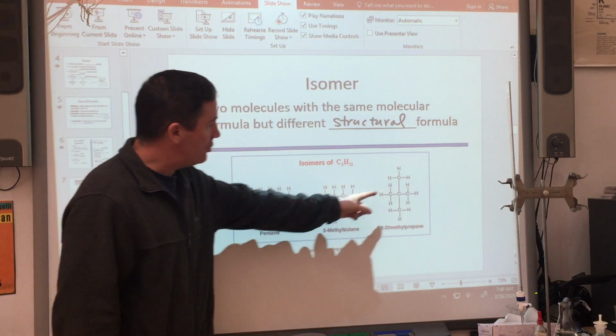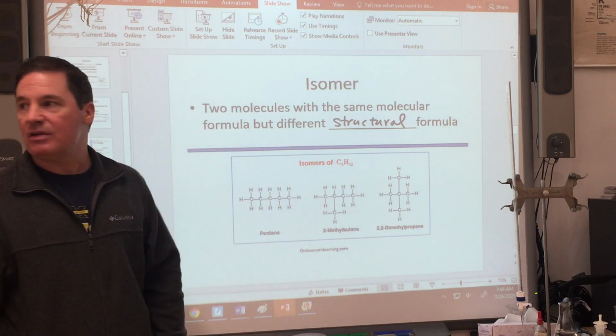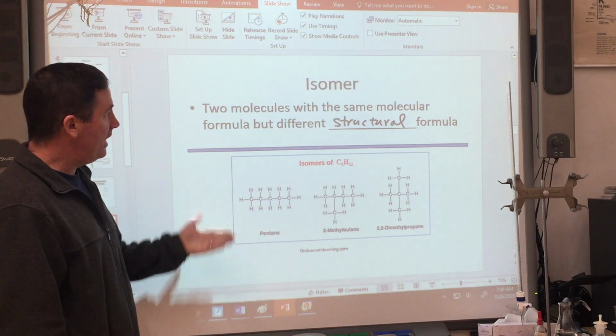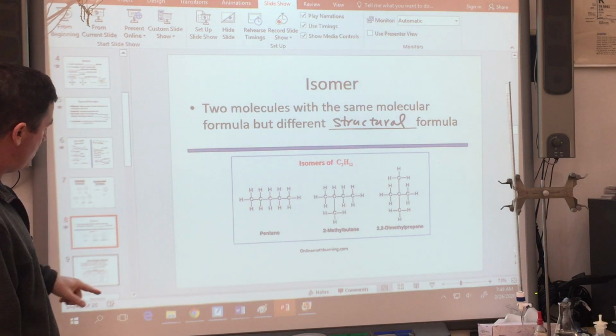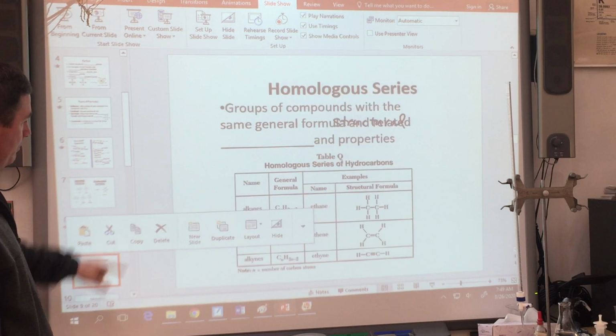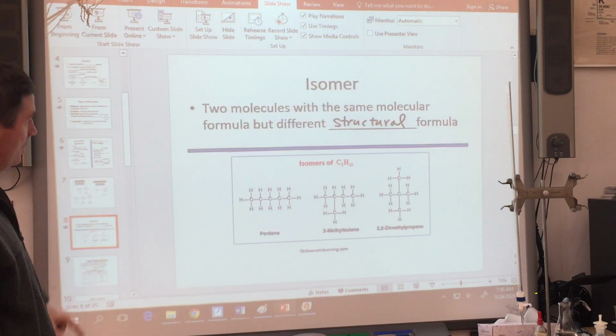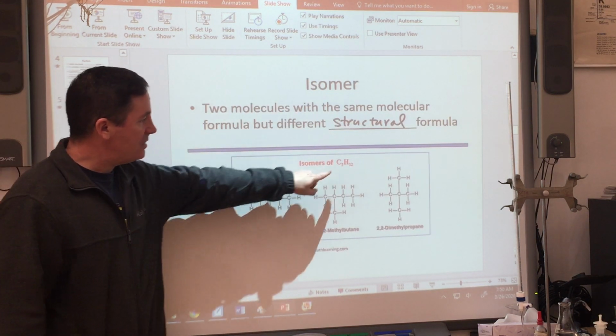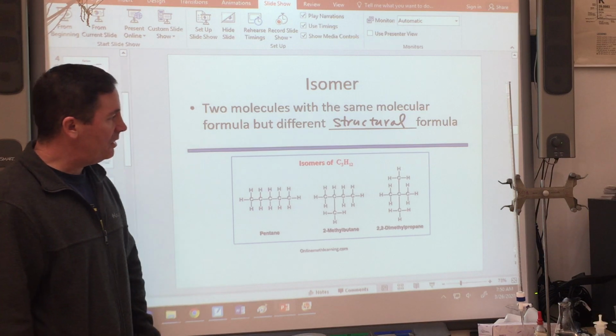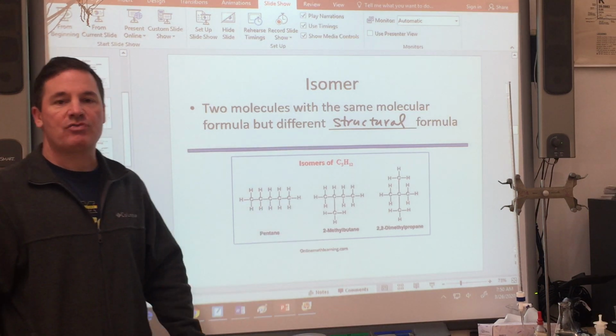But you can see that they're structurally different. They can be put together differently. So that essentially is an isomer. And we'll stop there. So isomers have the same molecular formula, but a different structural formula.